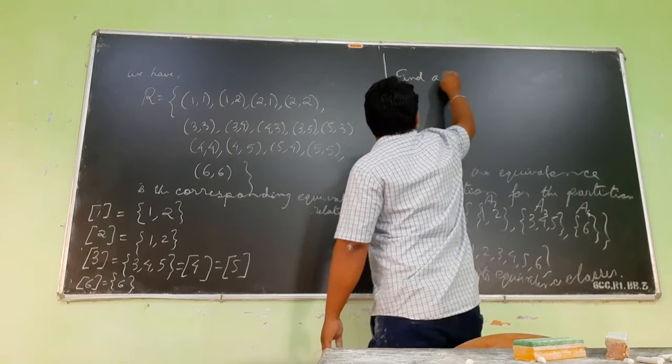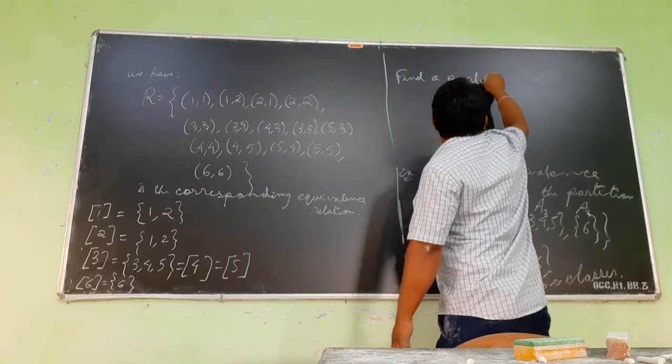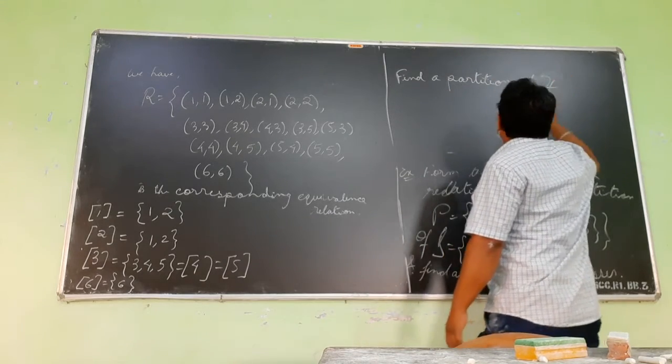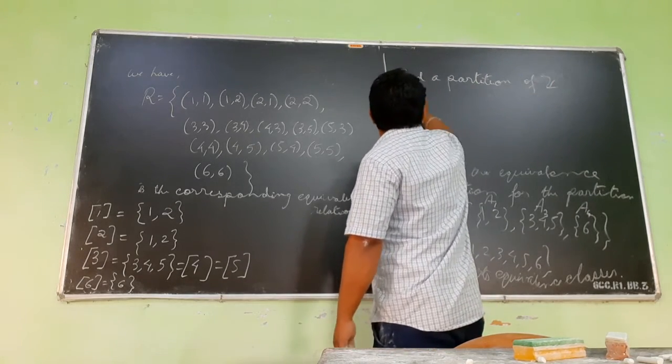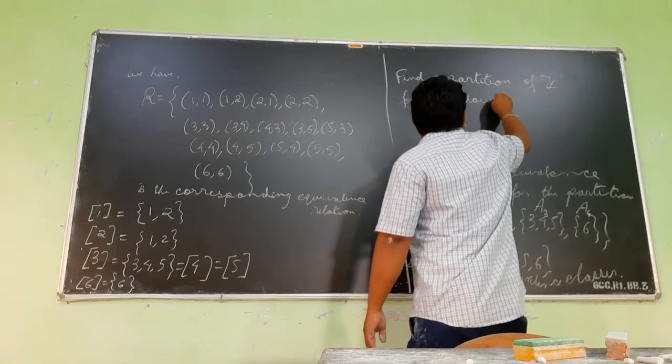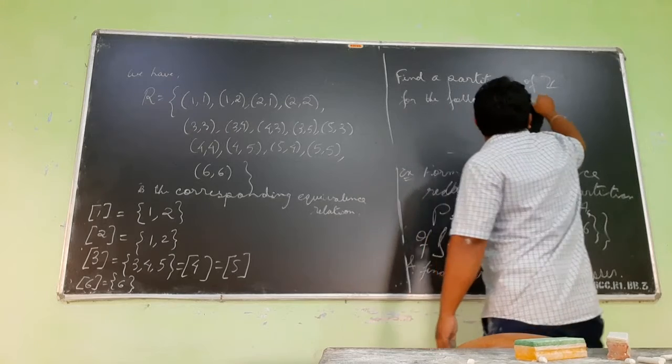Find a partition of Z for the following equivalence relations.